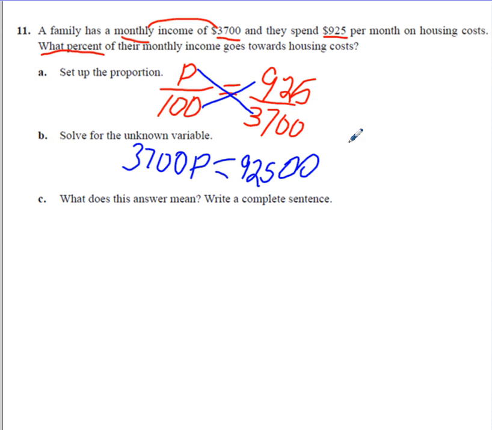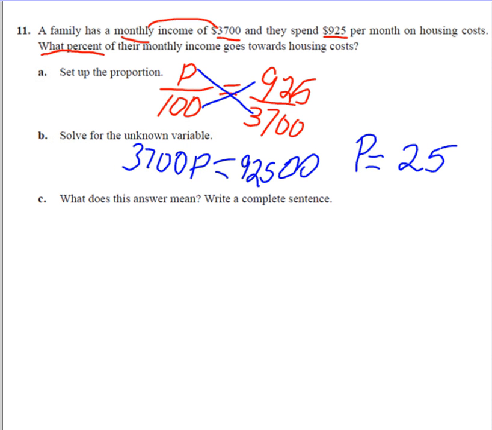And then when we divide 92,500 by 3,700, we get 25%. So again, P equals 25.